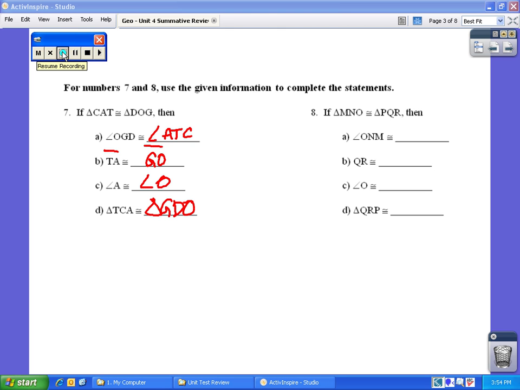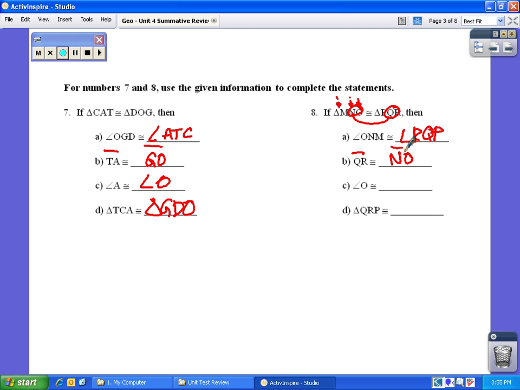For number 8, we have angle ONM is congruent to angle RQP. Next, line segment QR is congruent to line segment NO. Angle O is congruent to angle R, and then triangle QRP is congruent to triangle NOM.